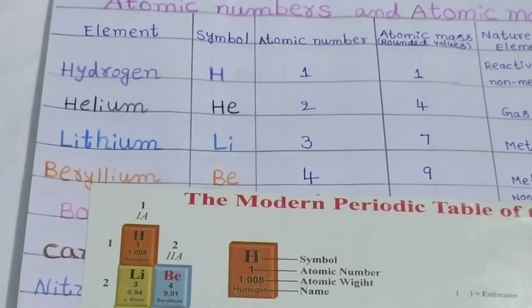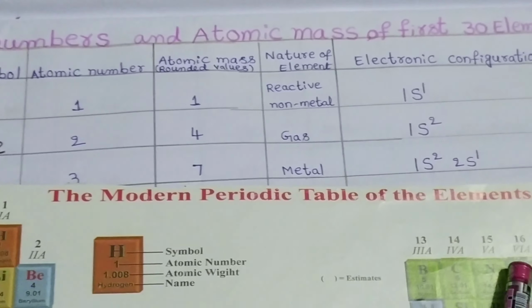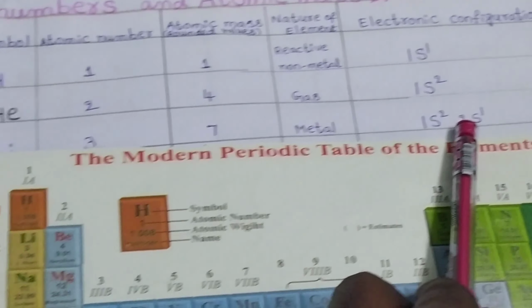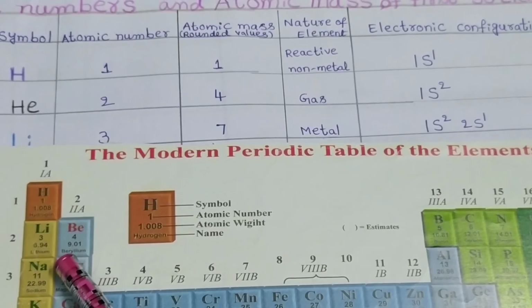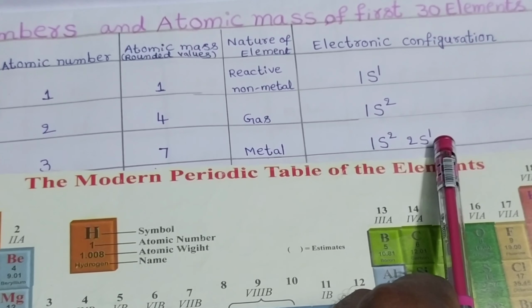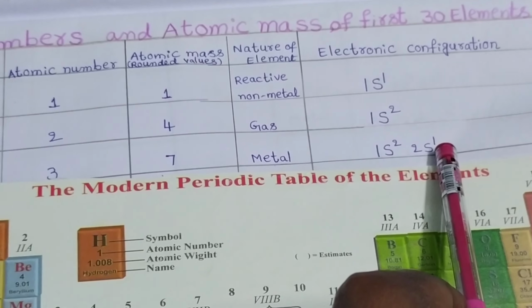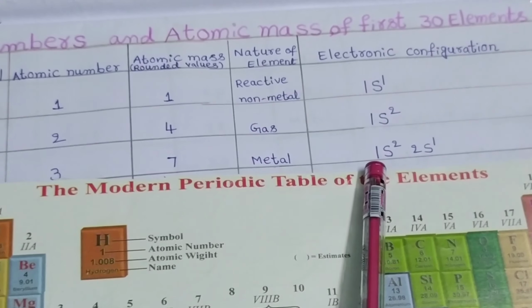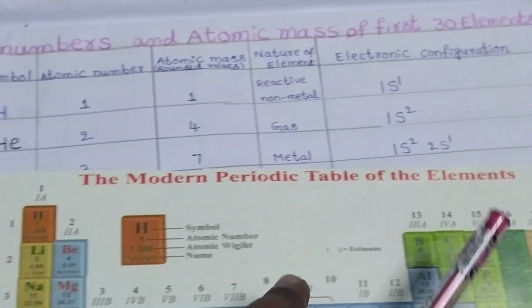Lithium is present in the second period, so we write 2. Lithium is an s block element, so 2s, the third electron goes to the s orbital. The lithium electronic configuration is 1s2, 2s1.